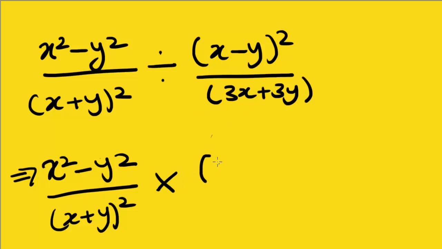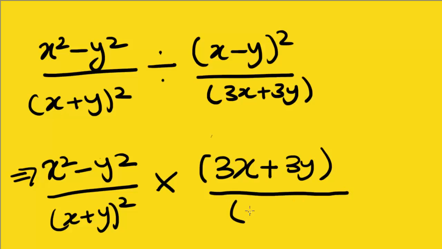That's what you do when you change a division sign to a multiplication sign: you take the reciprocal of the expression following the division sign, which simply means swap the position of the denominator and the numerator.